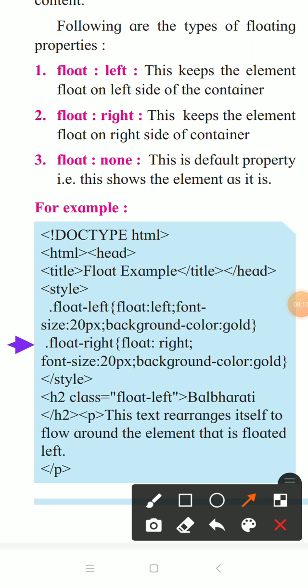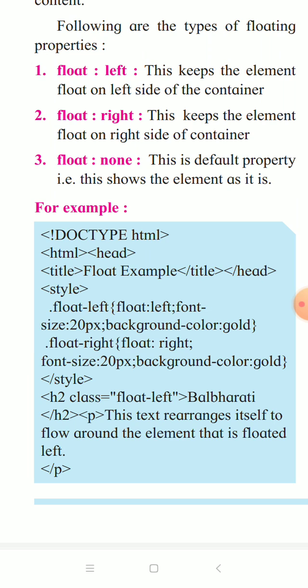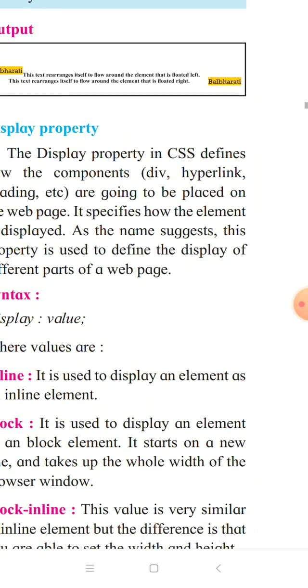Okay, float right means that Bal Bharti also displays on the right side of the container and the font size is 20 pixel and background color is gold. Okay, means this is the style for second class.